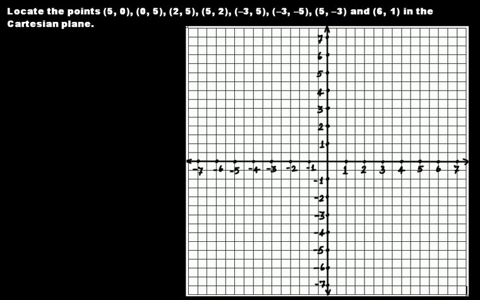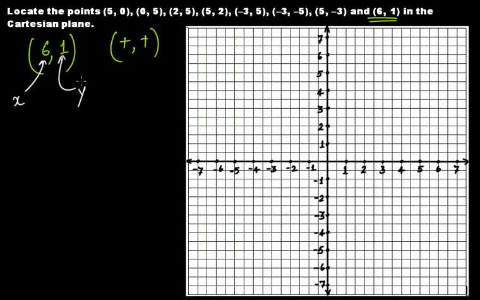Okay. The last one is (6, 1). So (6, 1) is again positive comma positive. It means that it will come in the first quadrant. So this tells you about the positive direction of the x-axis, and this tells you about the positive direction of the y-axis.